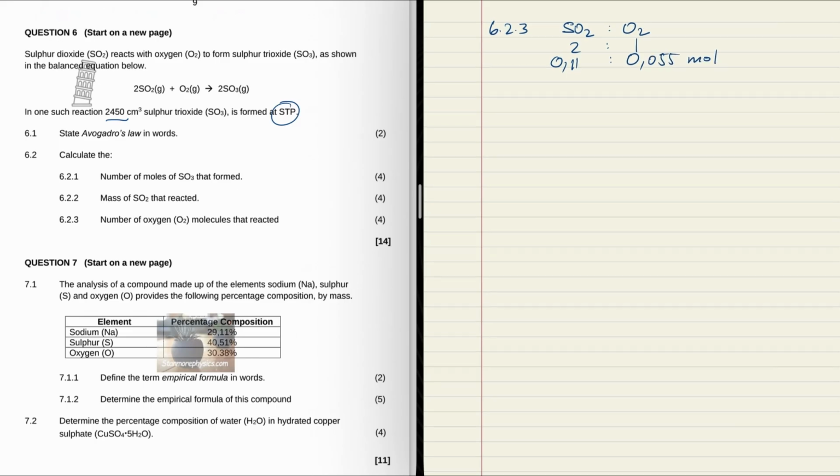Now that I know the number of moles, I can use a formula to calculate the molecules. So N, meaning number of molecules, is equal to number of moles multiplied by Na. So 0,055 multiplied by 6,02 times 10 to the 23. And that's equal to 3,31 times 10 to the 22 molecules of O2.